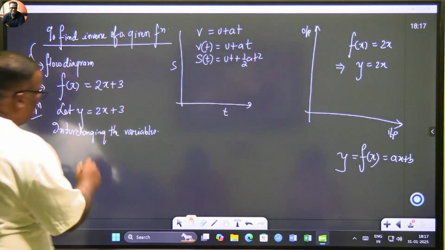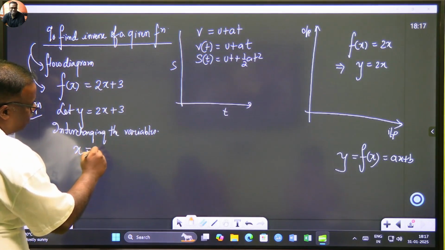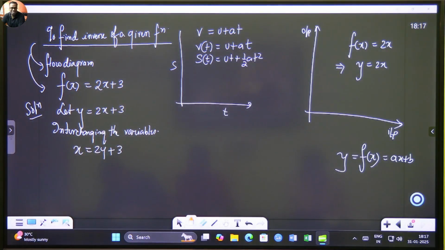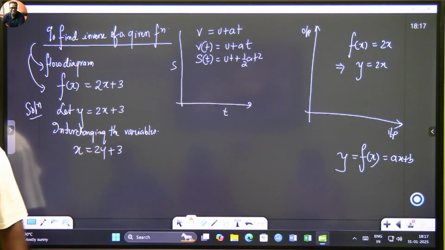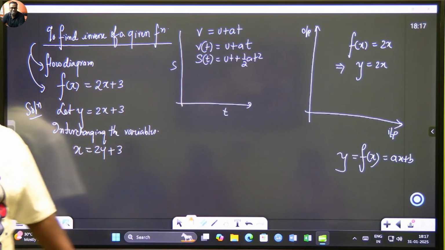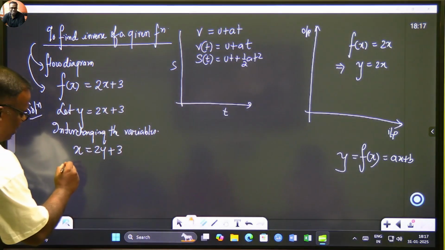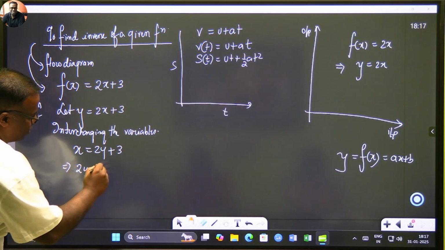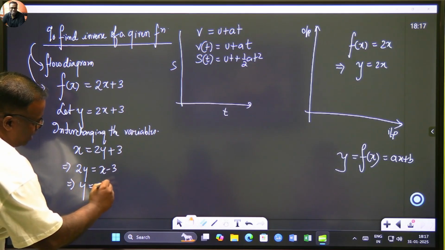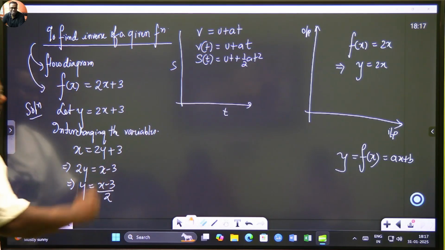If you interchange the variables, we'll write x is equal to 2y plus 3. Just interchange the variable. And then try to find out what is y, that is your inverse. Now calculate for y. 2y is equal to x minus 3, or y is equal to x minus 3 by 2.